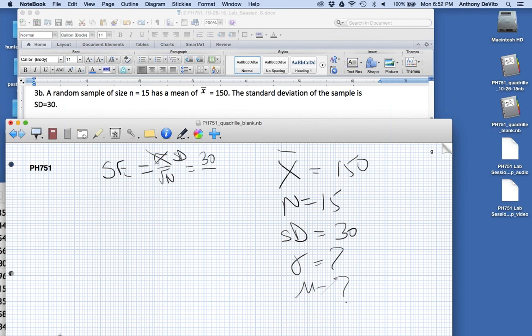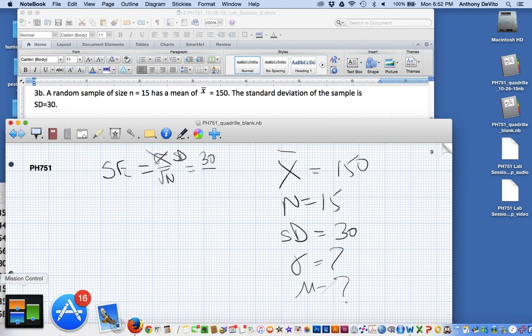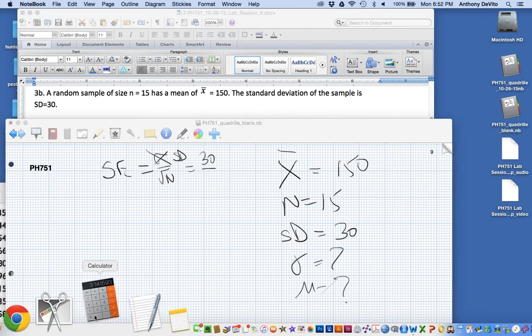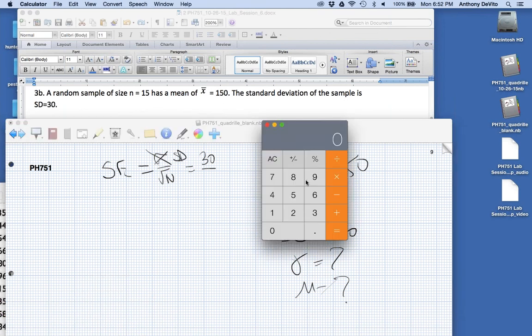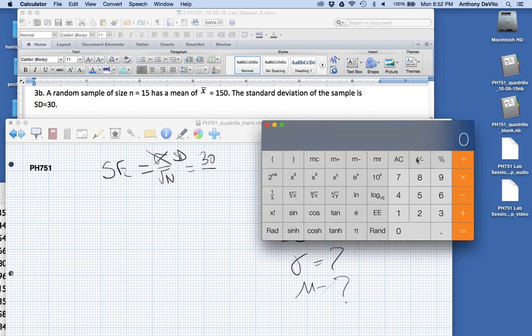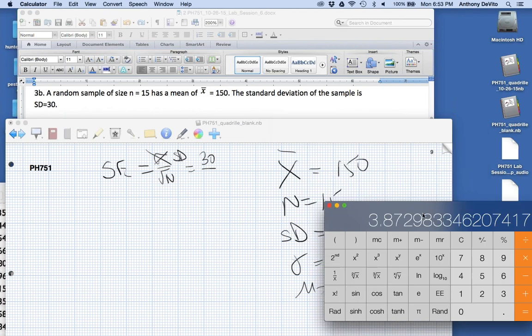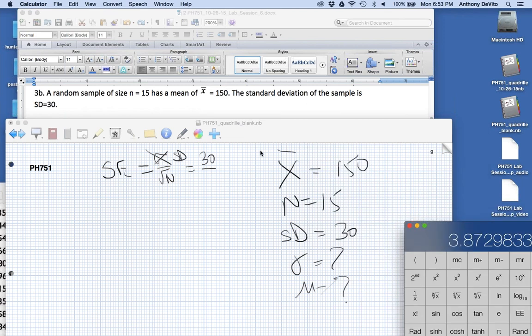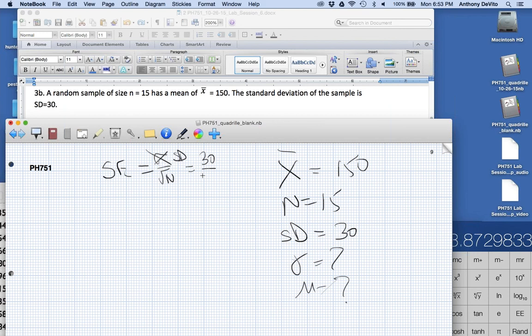Sample size is 15. For this, we're going to have to get a calculator out. The square root of 15 is, I'm going to call it, 3.9. Normally if you're on an exam or doing homework, you're going to be a little more precise, but I don't want to get too hung up on this.